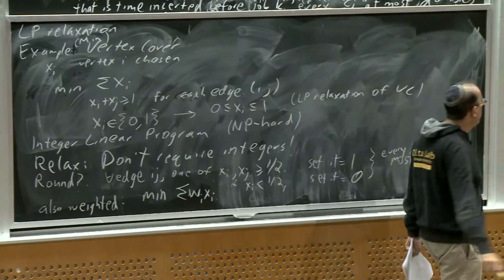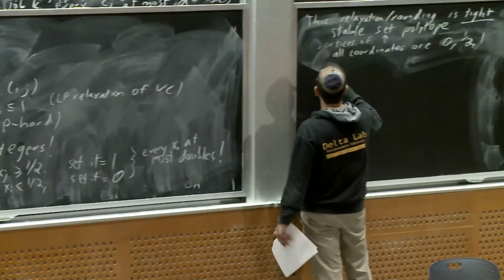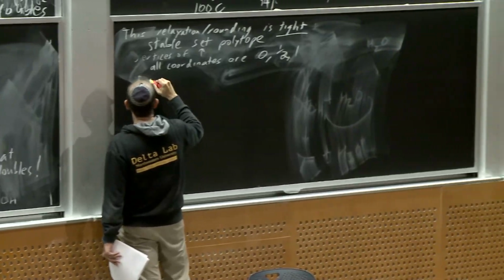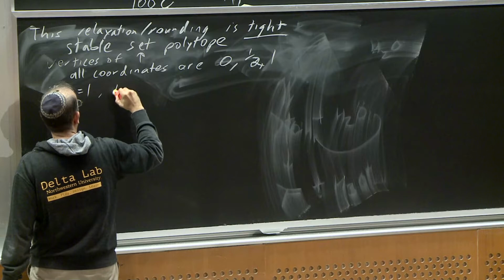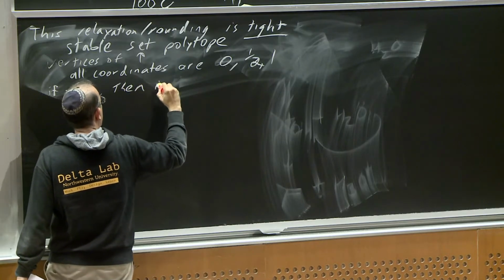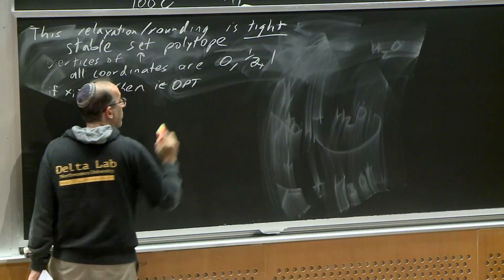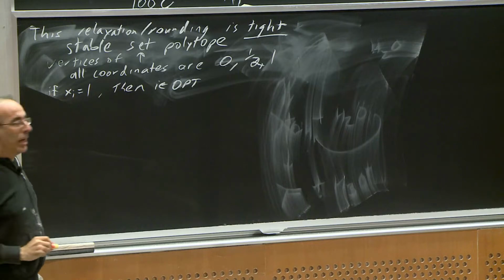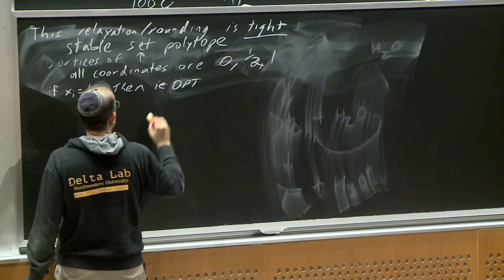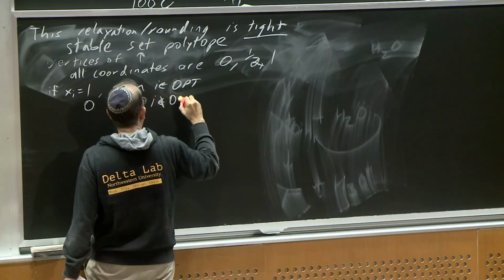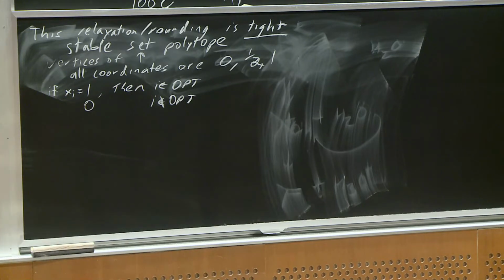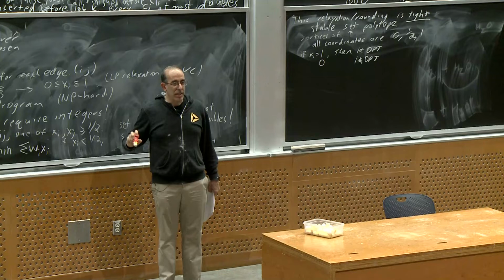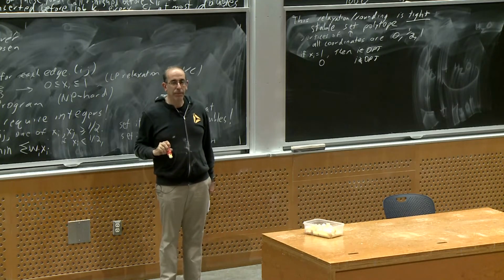Okay? And they proved even more. They proved that if xi is equal to 1 in that polytope, then i is in the optimum vertex cover. And if xi is equal to 0, then i is not in the optimum vertex cover. So in fact, the integer valued vertices have the correct values.